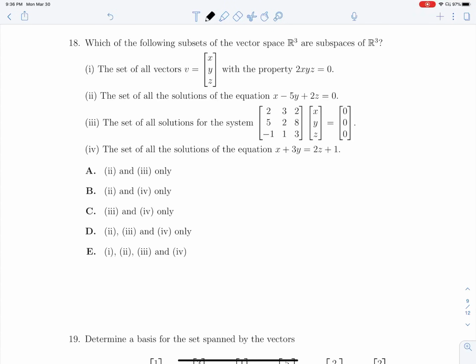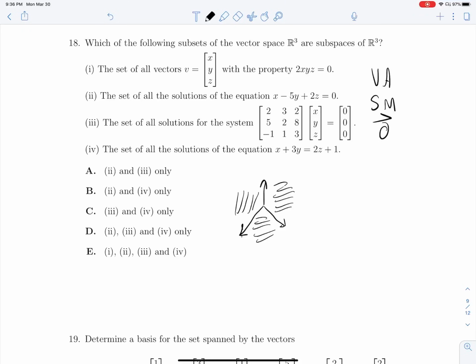So in order to be a subspace, we have to be closed under vector addition, scalar multiplication, and we have to contain the 0 vector. So the set of all vectors V such that 2xyz is equal to 0, well, that's just going to be the coordinate planes. If we draw out our little first octant graph, that's going to be the set of all vectors in the xy plane, the xz plane, and the yz plane.